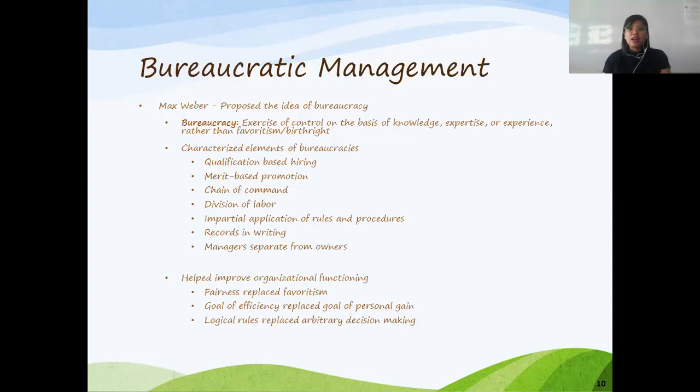Unlike when we do not practice bureaucratic management, you can just put someone who has no experience in that job or has no background in the work. So there will also be a problem when that happens. The goal is to be efficient, not to have a personal gain. And then the rules are logical, no? Logical rules replace arbitrary decision making, or rather systemized decision making. Okay, so that's bureaucratic management.